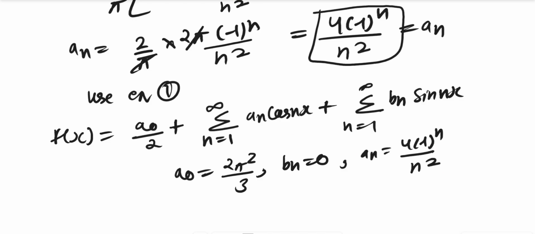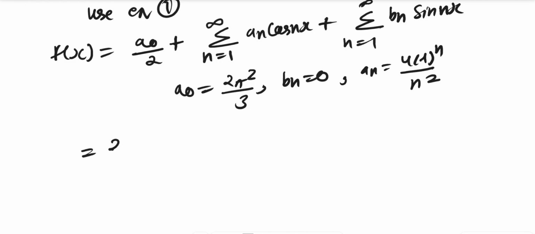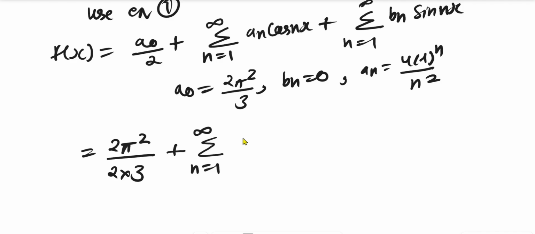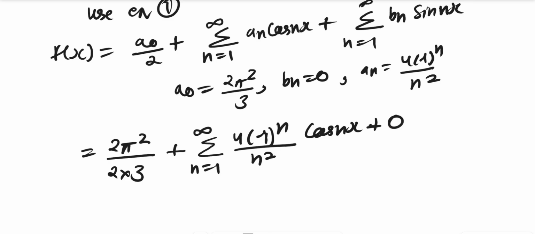So it is equal to 2 pi square divided by 2 multiply 3 plus summation n is equal to 1 to infinity of 4 minus 1 raised to the power n divided by n square cos nx, and this term is all 0 since bn is 0. So it is plus 0.